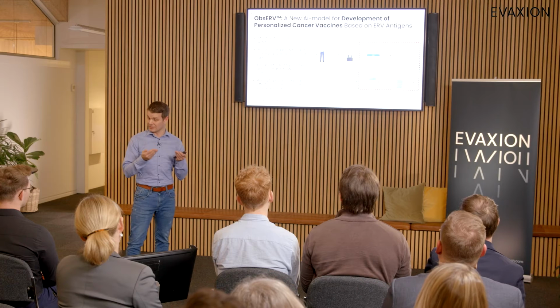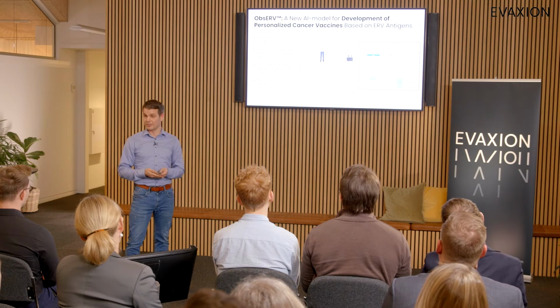You can then choose the top ranking peptides, and you can formulate that as a vaccine, for instance, as peptides or in a nucleotide format, which can then be delivered back into the patient.